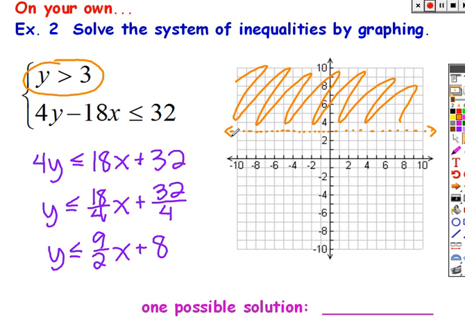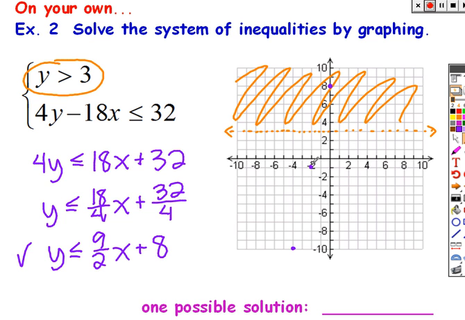If you graph the second inequality, maybe you went through and solved for y. So if I graph the line y equals 9 halves x plus 8, I'd start at 0, 8. And then plot your slope, up 9 over 2 or down 9 left 2.